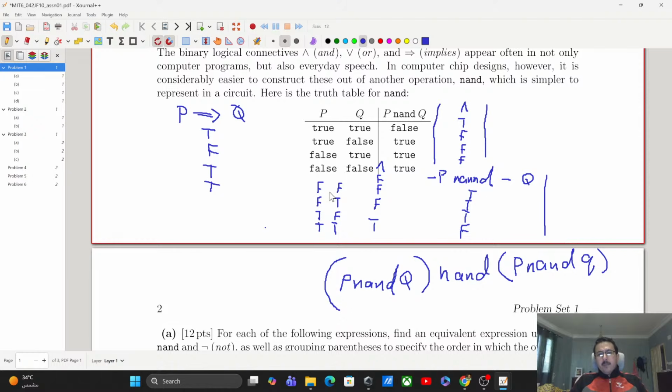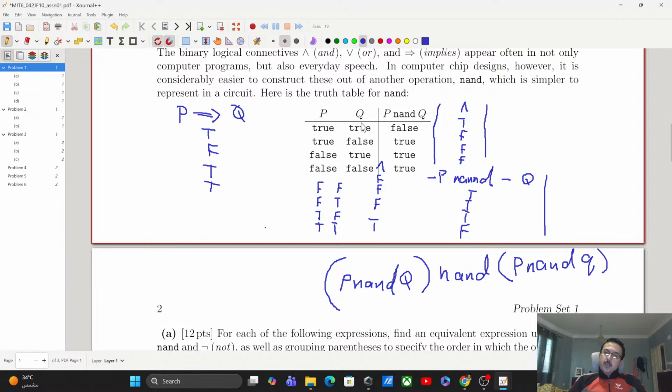Are you correct? I can only use NAND. So what do I have? I got NAND. This is going to be true, false, false, false.